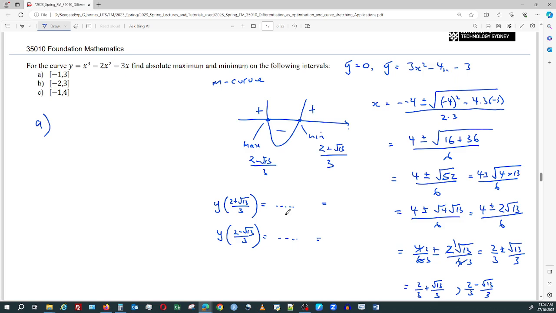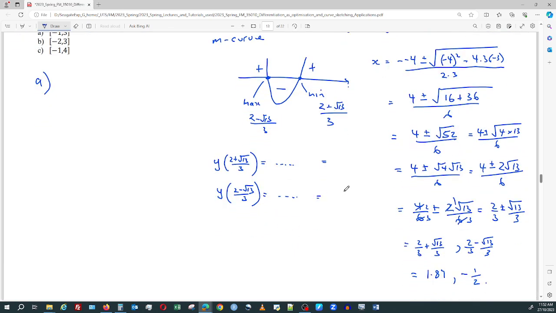And get approximately for the 0.5, so that's 0.875. And for this one here, minus 6.07. So there you have your min and your max.